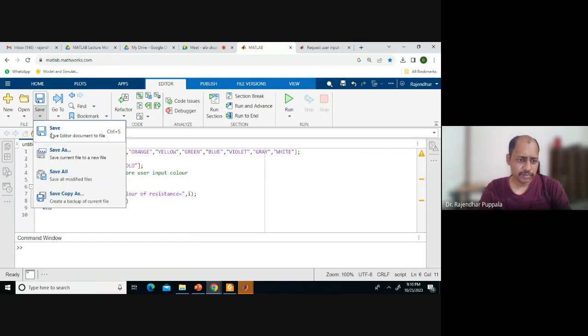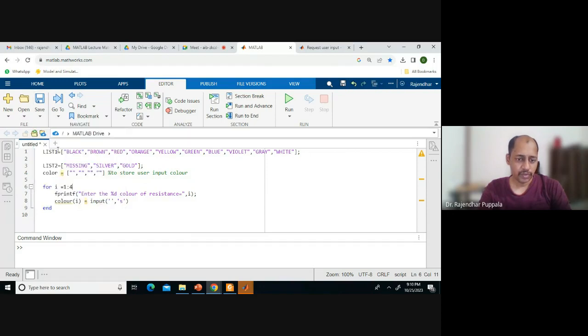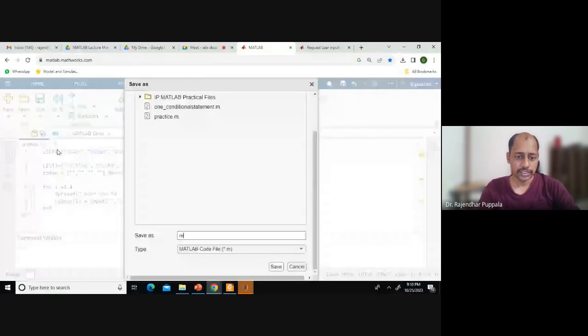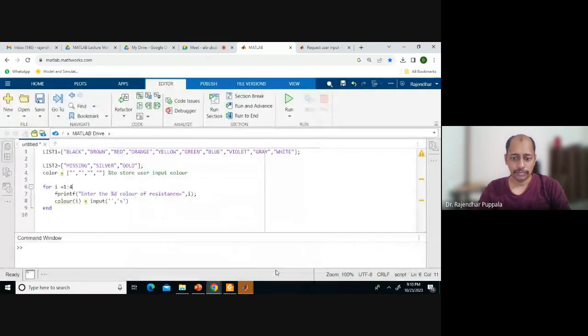First save as resistance value calculator. Without saving, your program will not run.